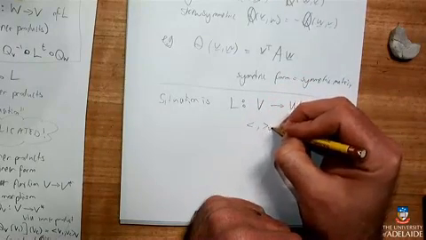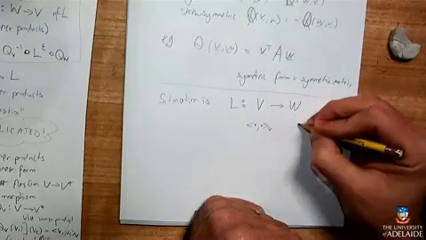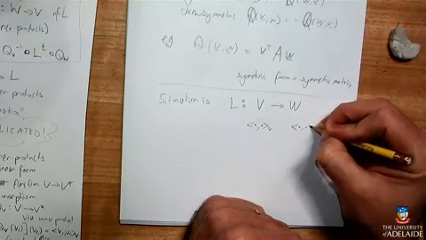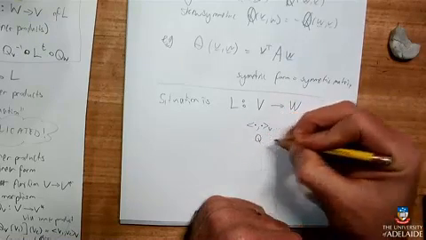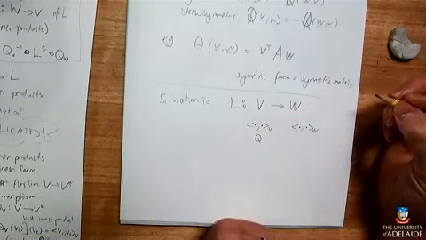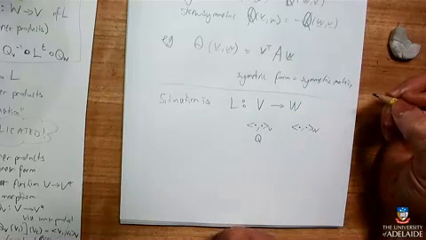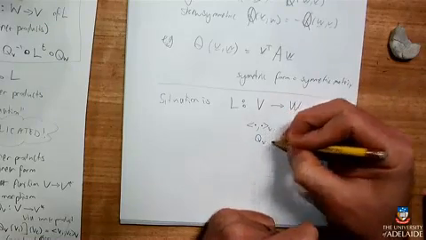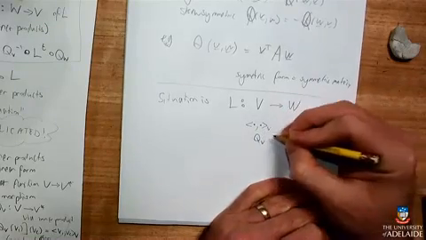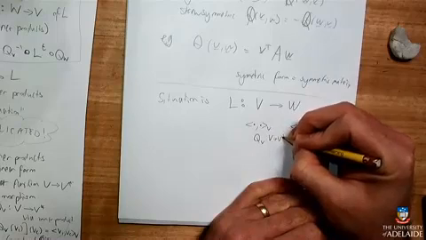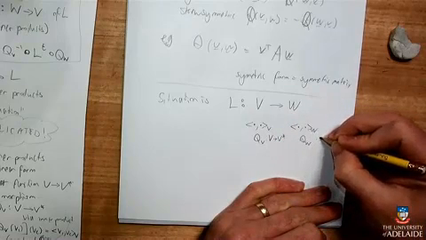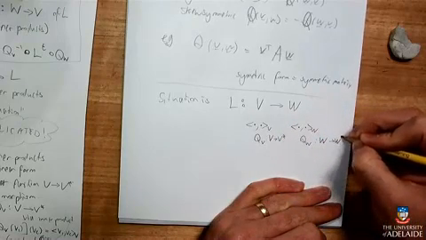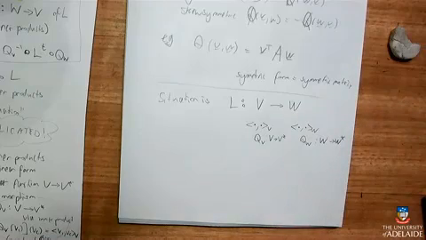And each one had a bilinear form to go with it: a function which sent V into V star, and a function which sent W into W star. That's what we had.